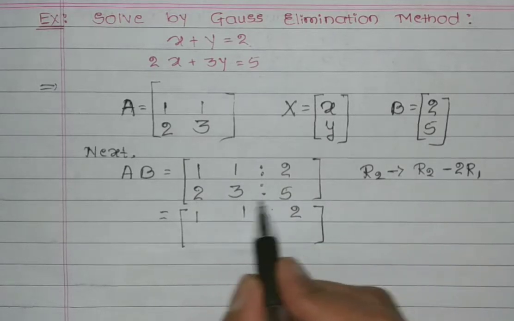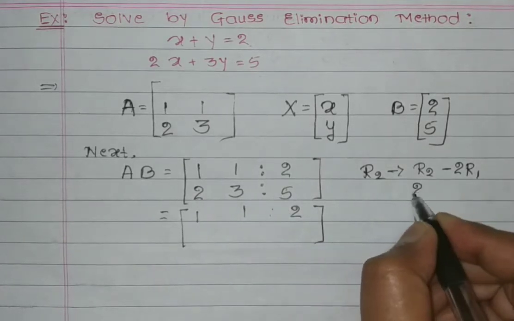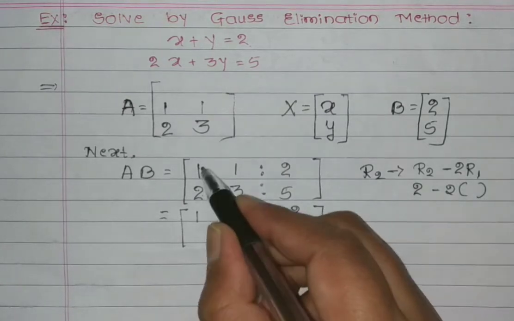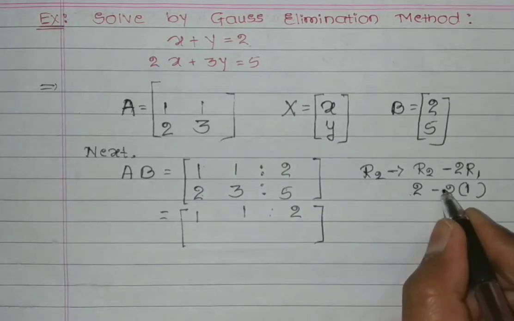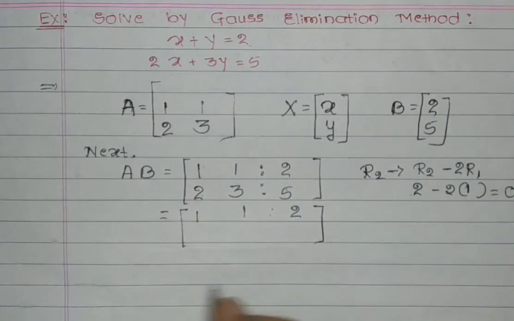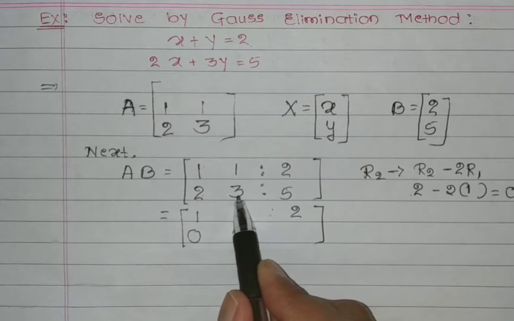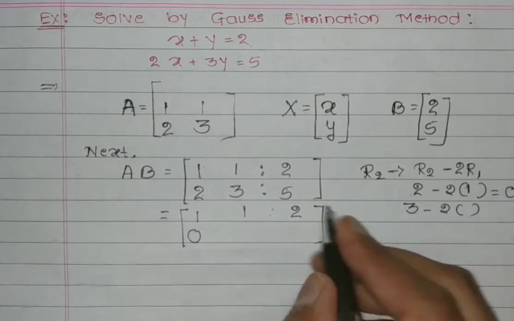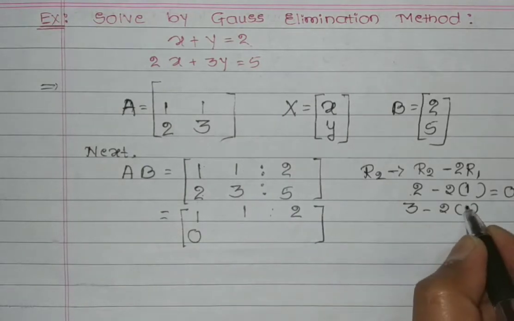So just observe here, the R2 row first element is 2. So 2 minus 2 into its corresponding R1 row element, which is 1. So here 2 minus 2 gives 0. So this element is 0. Next, the R2 row second element is 3 minus 2 into its corresponding R1 row element, which is 1.